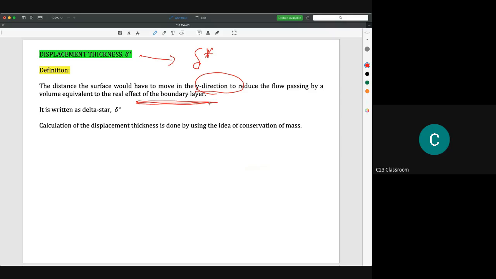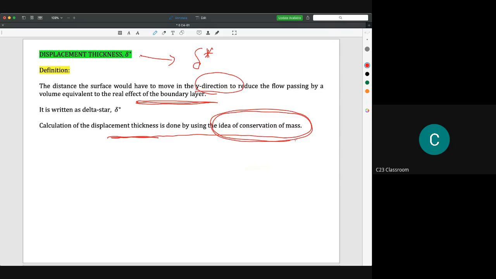It is to make sure that our calculation reflects the real situation. In simple words, the displacement thickness makes sure our calculation fulfills the conservation of mass. This is the basic idea of delta star.